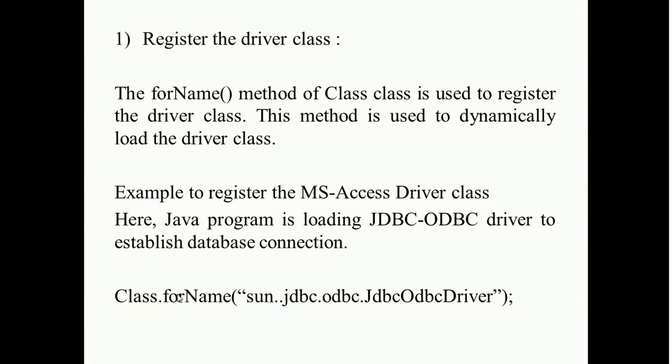So in the Java program, we need to first register the driver, and that's why the forName method is used, and the syntax is Class.forName and in brackets sun.jdbc.odbc.JdbcOdbcDriver. This statement loads the JDBC ODBC driver in the program to establish a database connection.